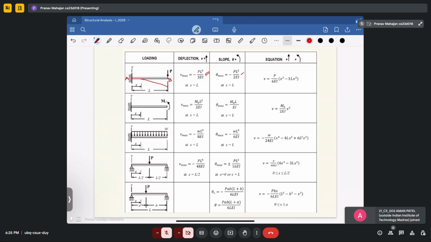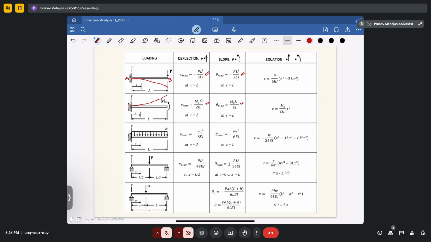When you have a cantilever beam subjected to an anti-clockwise moment at the free end, your deflection comes out to be ML square upon 2EI, and your theta will be ML upon EI. In this case, the beam will deflect like this.